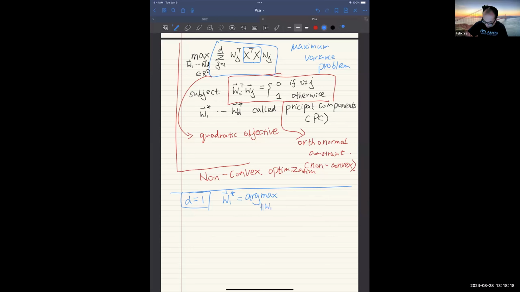Since we only have one principal component, we don't need to assume orthogonality here; we only need to assume W1 has unit length. The objective is W1 transpose X transpose X W1.